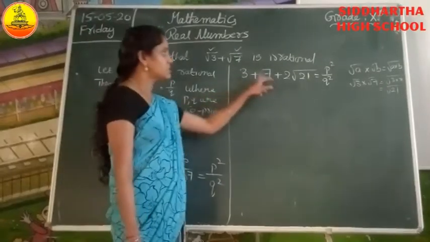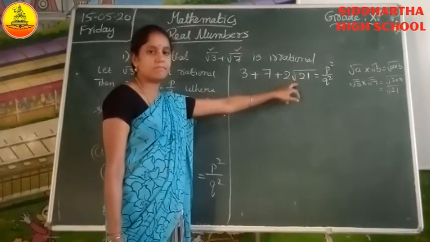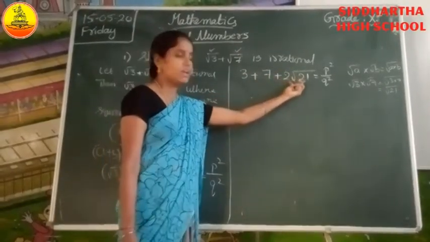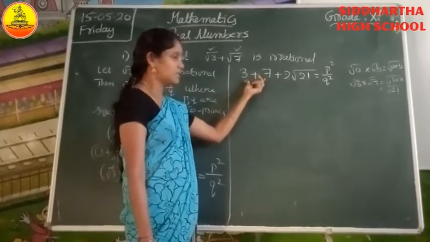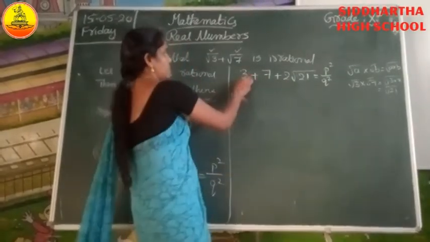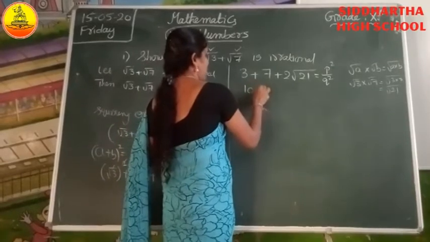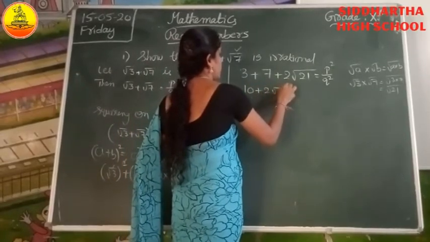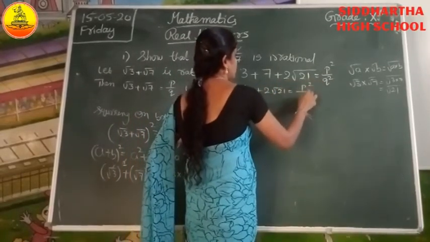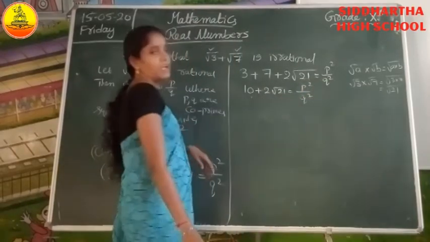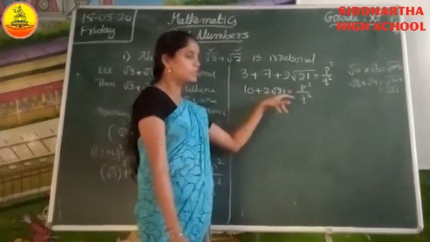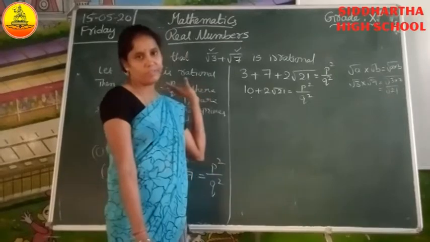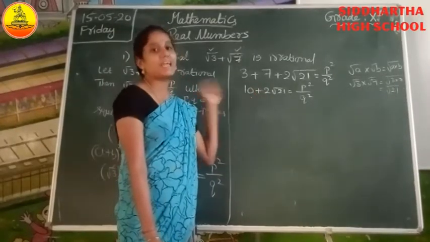Now we can add these two, but we cannot add this one because this is under root 21. So 3 plus 7 is 10. 10 plus 2 root 21 is equal to p square by q square. Here we cannot say 10 plus 2 root 21 is equal to 12 root 21. Why? Because these two are unlike terms.